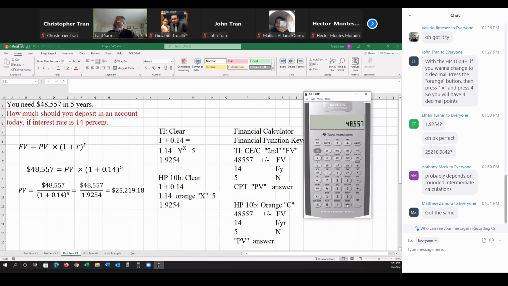Change sign key for Texas Instrument is at the bottom, plus minus, and I press FV. Then I will enter 14% I/Y, and I do 5 N, 5 years. Compute present value.